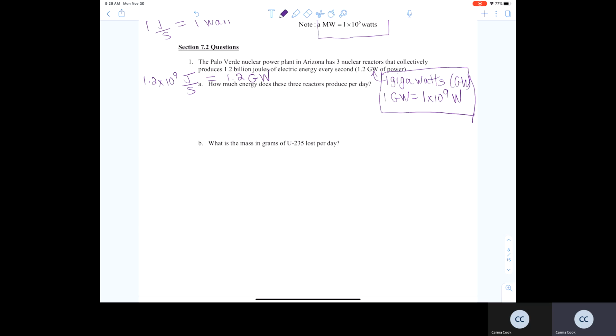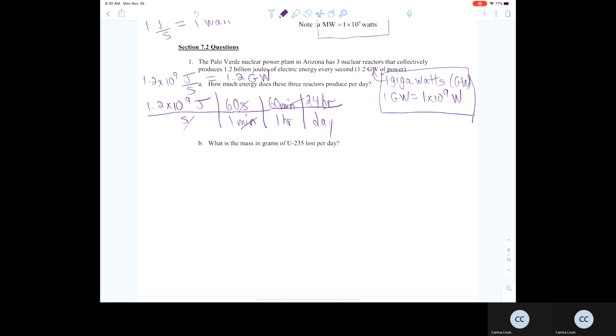So if you want to know how much energy these 3 reactors produce per day, just convert the joules per second into joules per day. And that will give you the amount of joules per day.